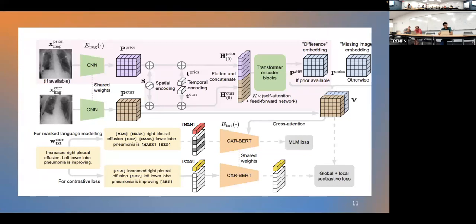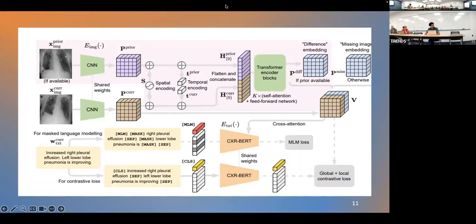And then they use both matrices and do spatial encoding and temporal encoding, and then they get a concatenated representation of both the images. And then they use a transformer to apply cross attention on the image and get features. If a prior image is available, then we get P diff, otherwise we get P miss.